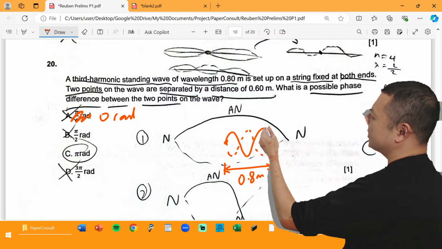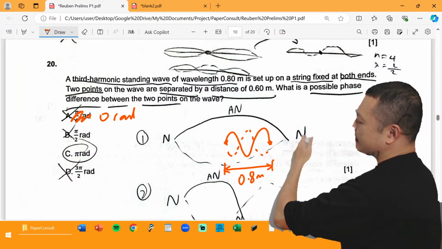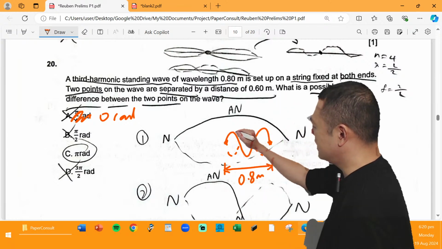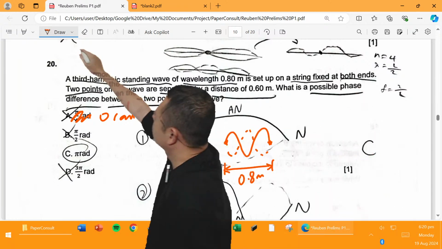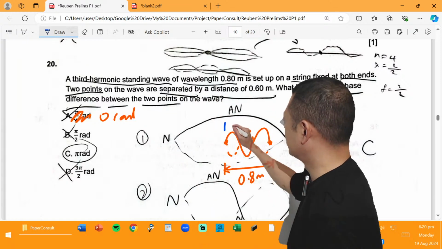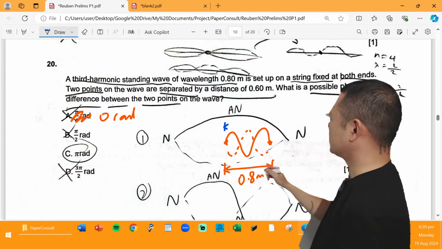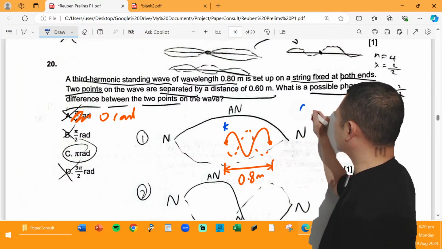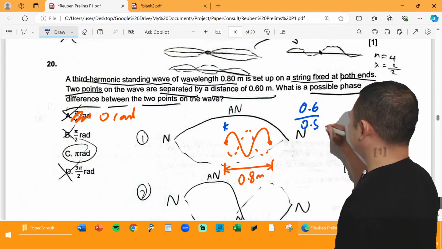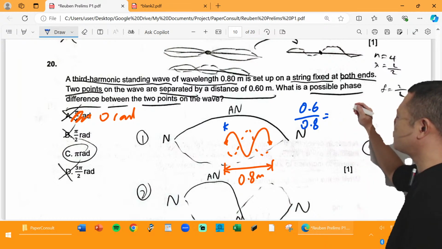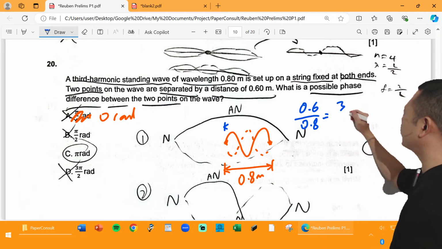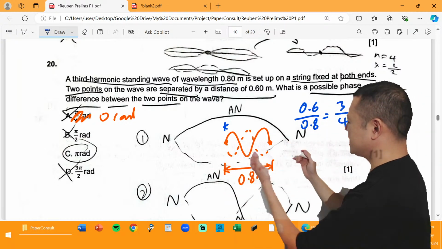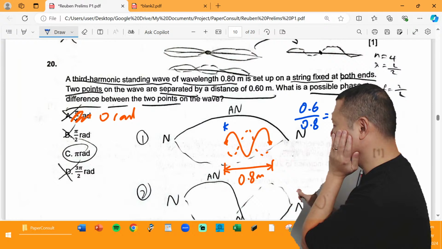The trick is this 0.6 meters can be anywhere along this 0.8. 0.6 over 0.8 is how much? Isn't this 3/4? So it will be 3/4 of this third harmonic wave, right?